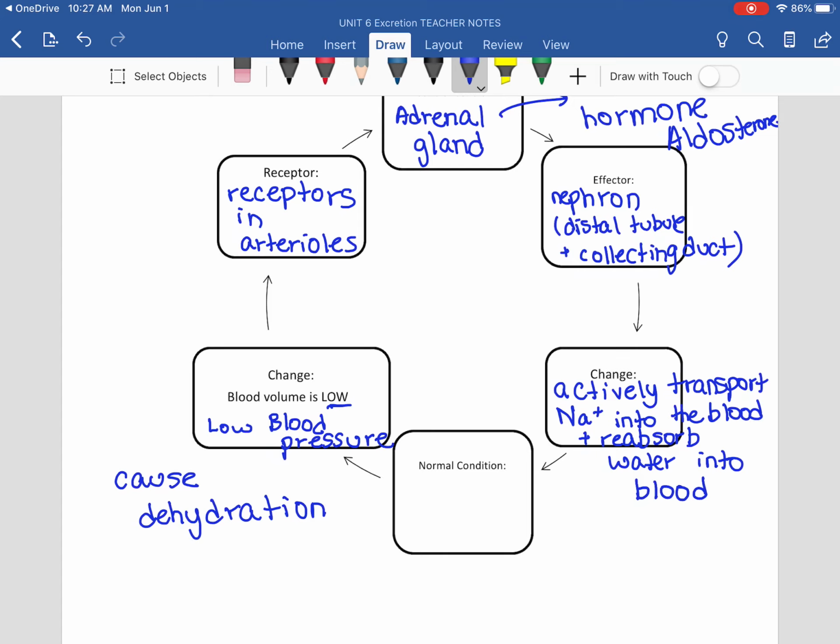So therefore, because water is now entering our blood, volume is going to increase. So our blood volume and blood pressure will return to normal. And again, aldosterone and ADH kind of work hand in hand, and they both work together to do this. All right, there you have it.